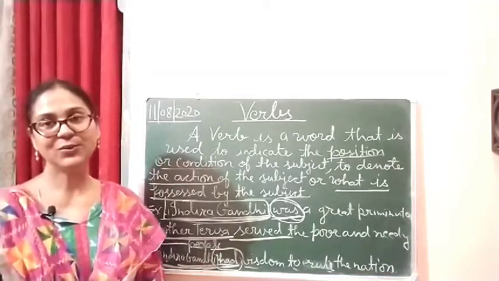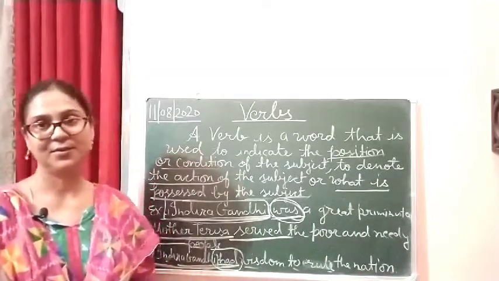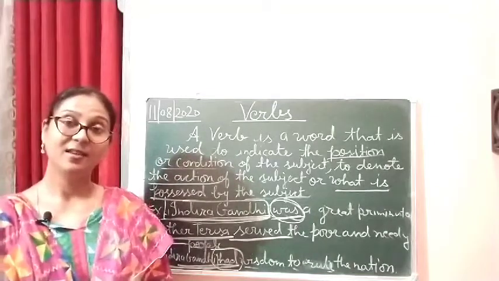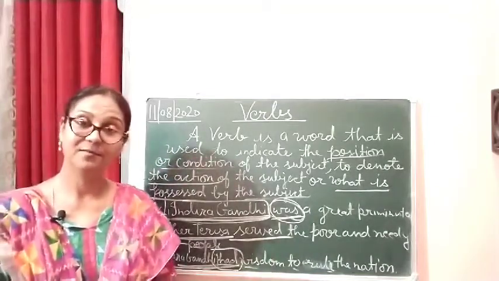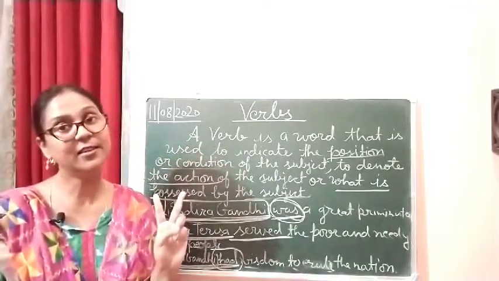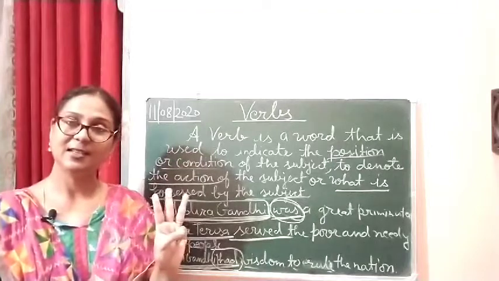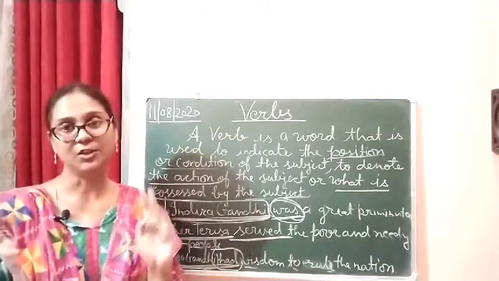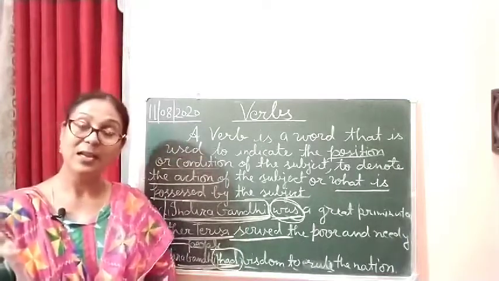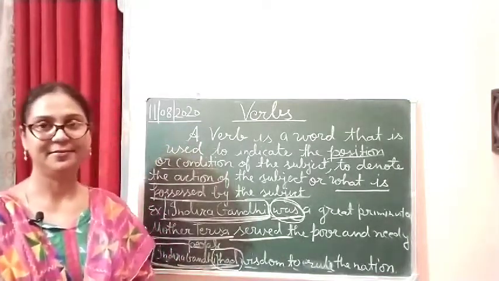Now we are moving to kinds of verbs. How many kinds of verb? There are 3 kinds of verb. First is transitive, second is intransitive, and third is incomplete predication. Now first of all, we are going to learn about transitive.